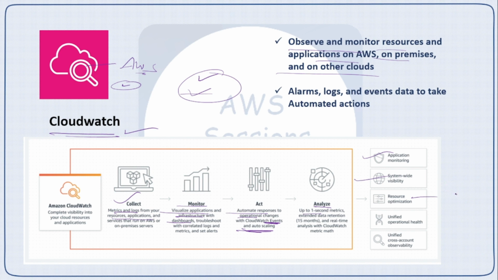Suppose you have created an instance with 16 GB of memory, or let's say 8 CPUs, but the resources are not utilized even 50% most of the time. So you can optimize your resources and create a lower-capacity EC2 instance rather than the higher one. All these things you can do.